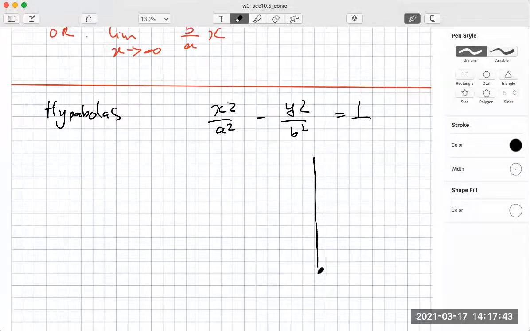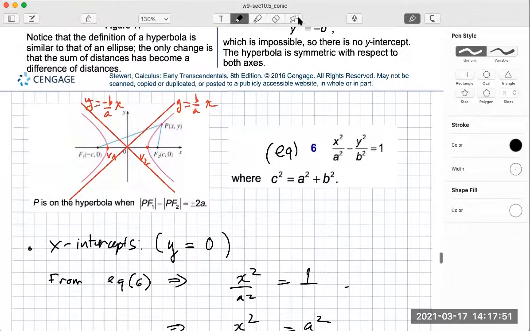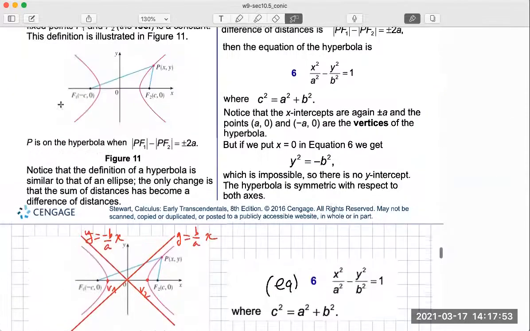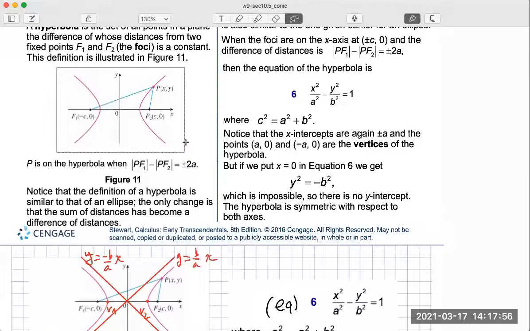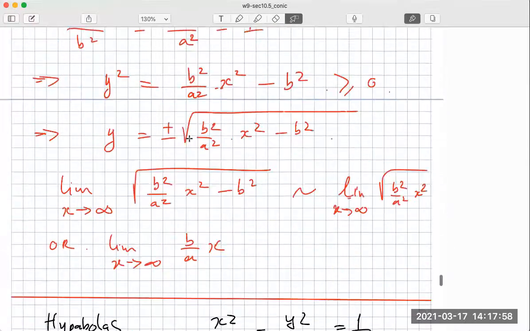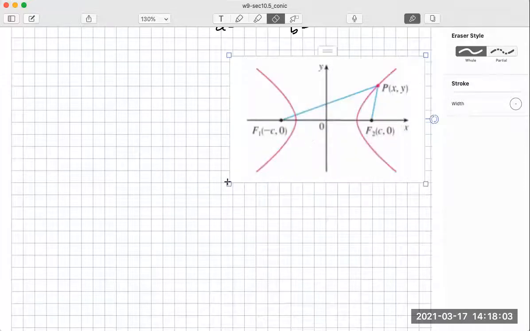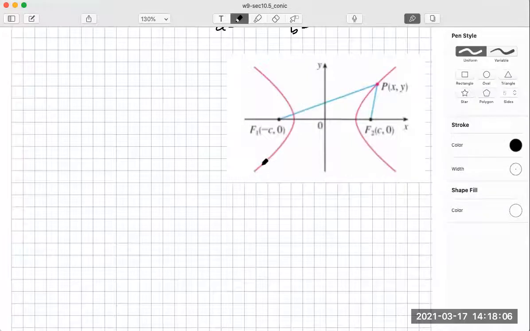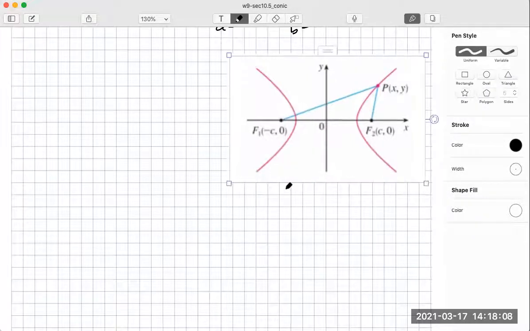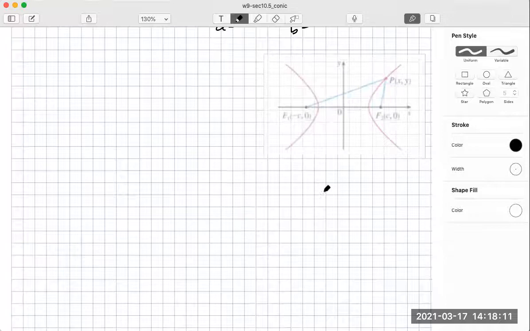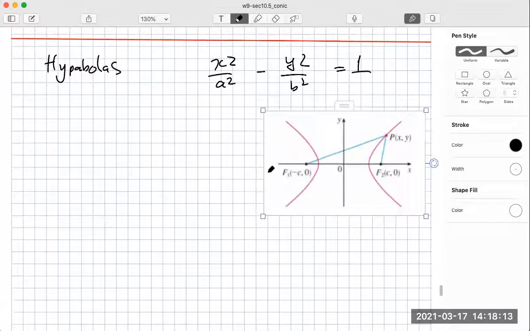Let me copy the figure here, it's faster. Okay, it should be like this.